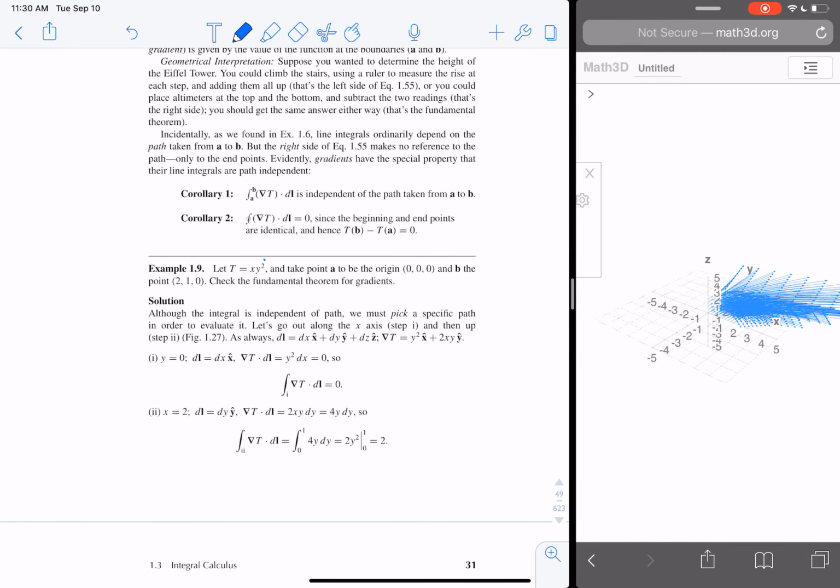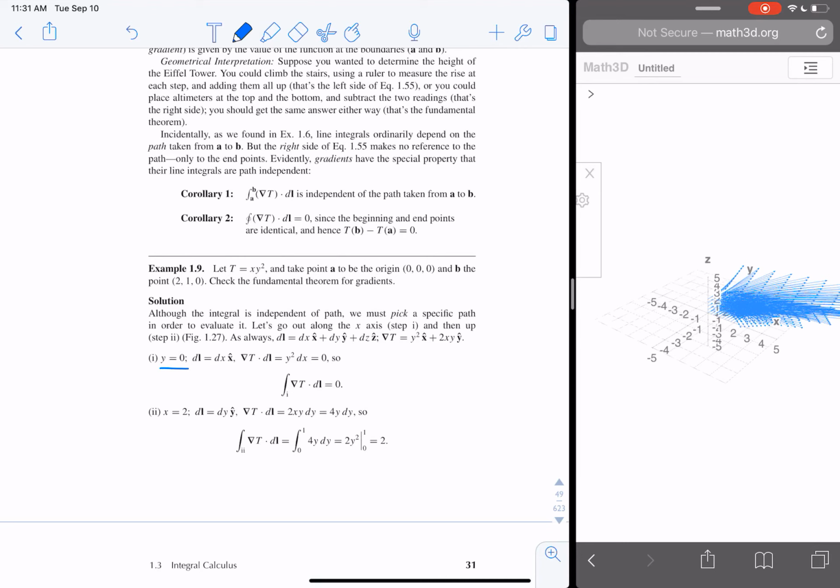So if t equals xy squared, then check these two things. There's your infinitesimal line element. You want to move in the x, y, and z directions all at once, and then your gradient would be y squared x hat plus 2xy y hat. So then do your function.